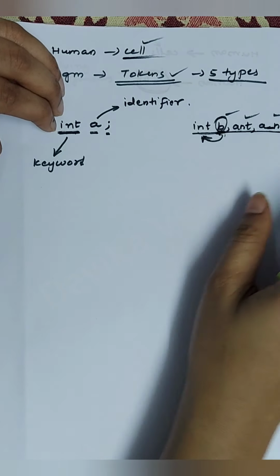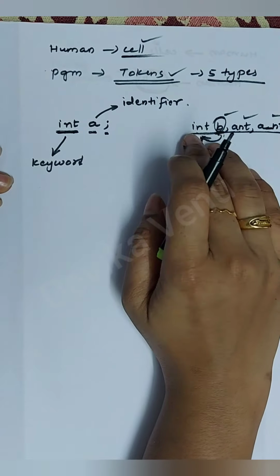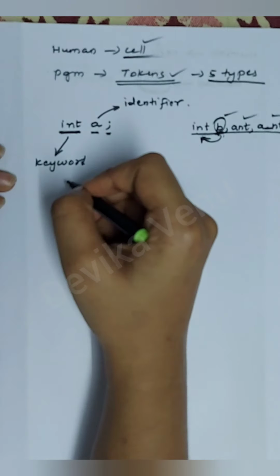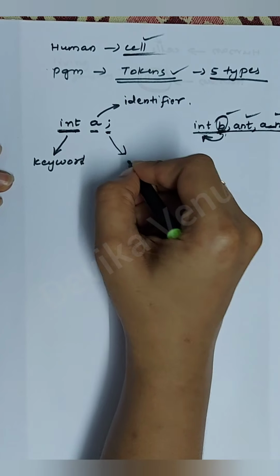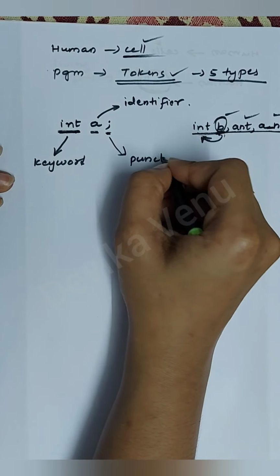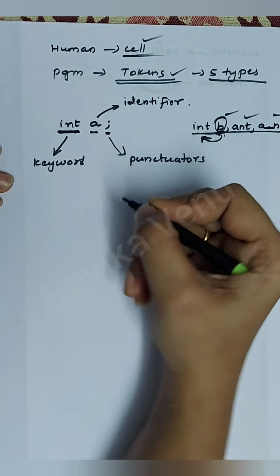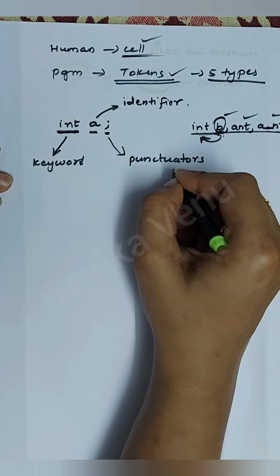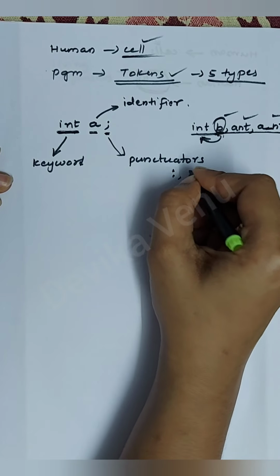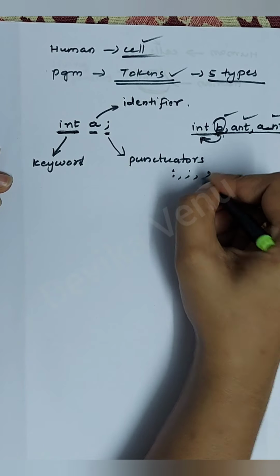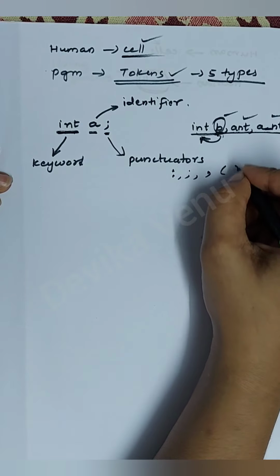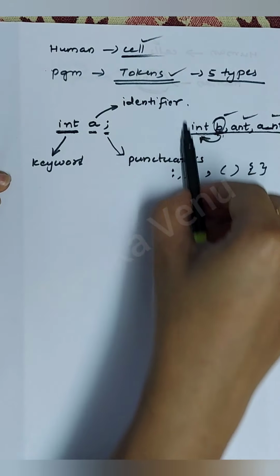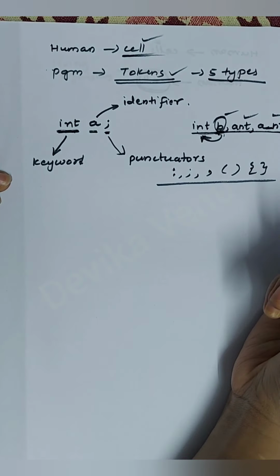And the third one is a semicolon. Semicolon is known as a punctuator. The punctuators can be a colon, a semicolon, a comma, or brackets, braces and all. So these are known as punctuators.